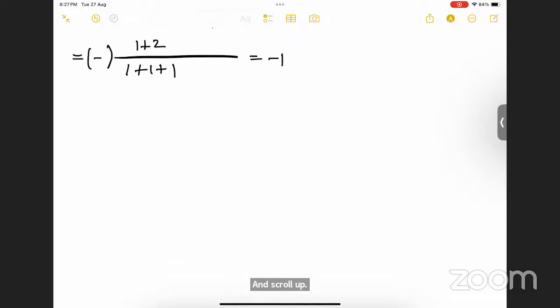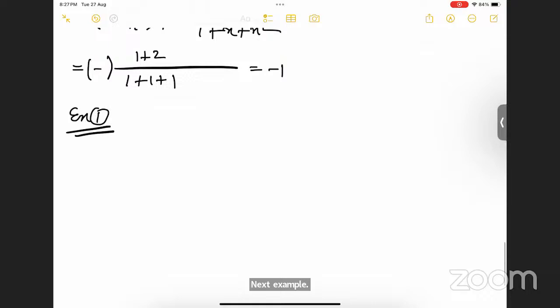So let us look at the next example. For now, suppose we don't have any formula. Let me first tell you about L'Hopital's rule. You all know it, still I'm just repeating it because it's a revision session.